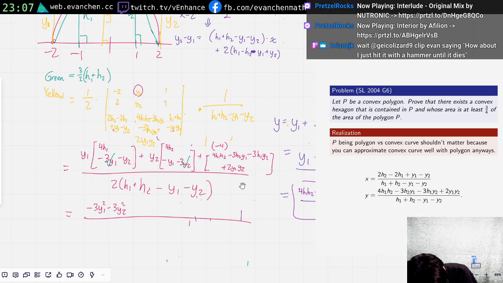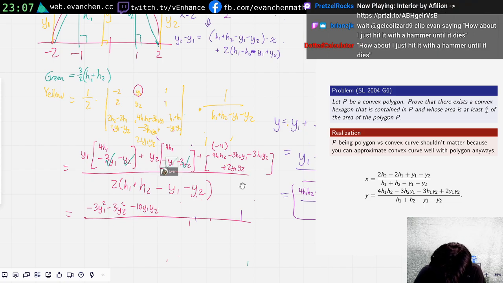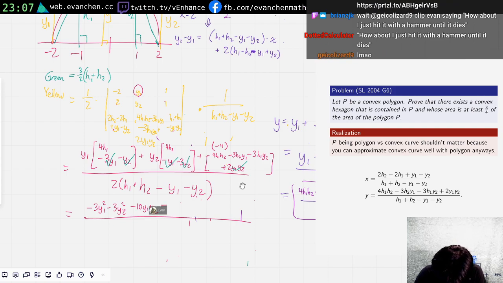Is there really a minus 4? Like, that's like a minus 10. I really hope this is right, because if not, I have to fix a lot of things. Okay, and then there's an h1, y1. Those are uncancelled.